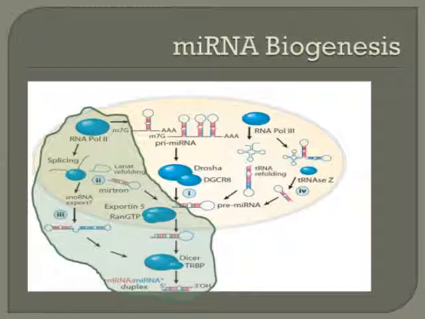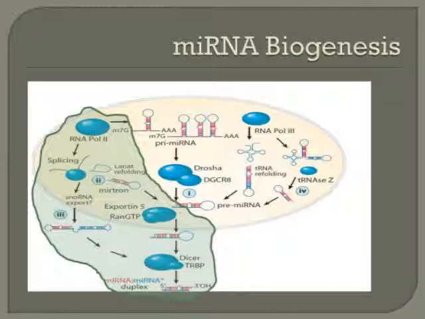From this duplex, one strand of the microRNA gets incorporated into a protein complex called the RISC complex, which is the RNA-induced silencing complex, and the other strand of the microRNA gets degraded. So these are the ways by which microRNAs are produced.